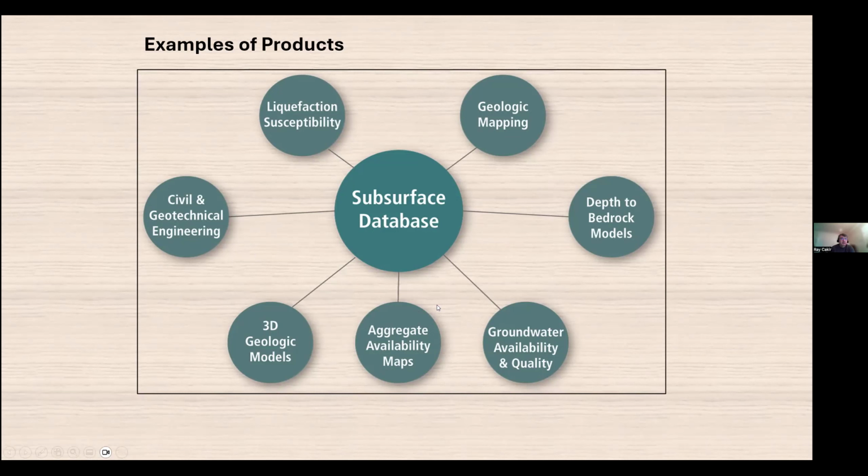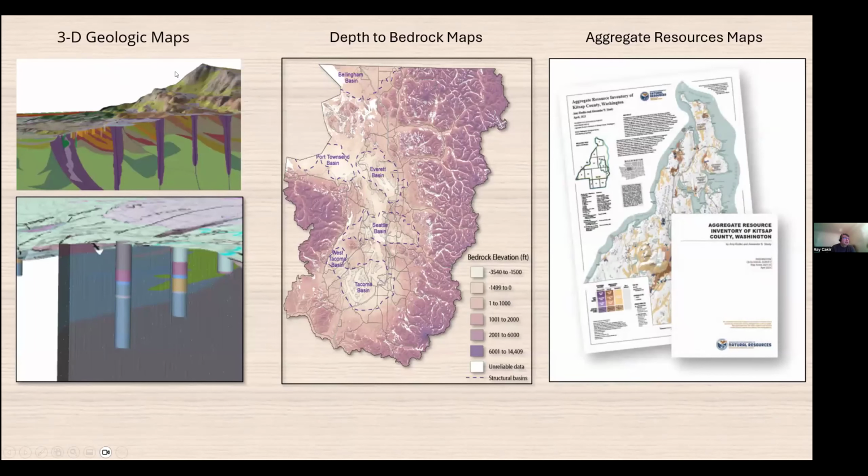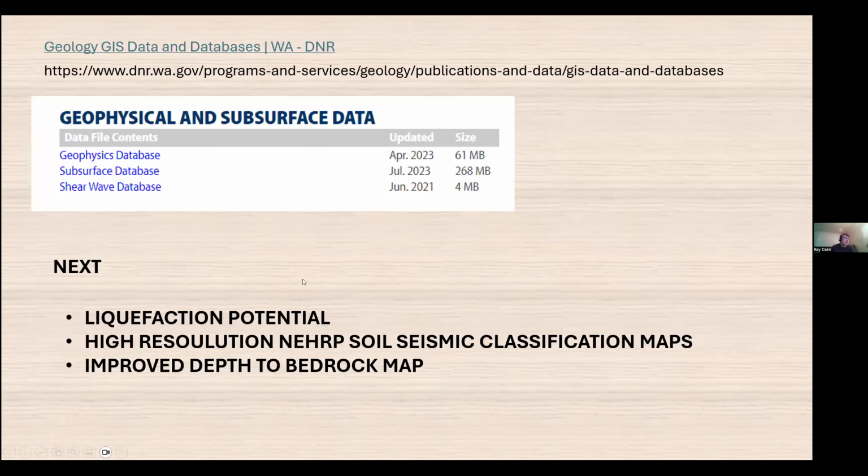But currently, geotechnical engineering firms, before going to the field, check this database first to make sure they don't duplicate the same work, and to get information about the site earlier and design their work. So here are some examples. We also have geophysical and subsurface data together.